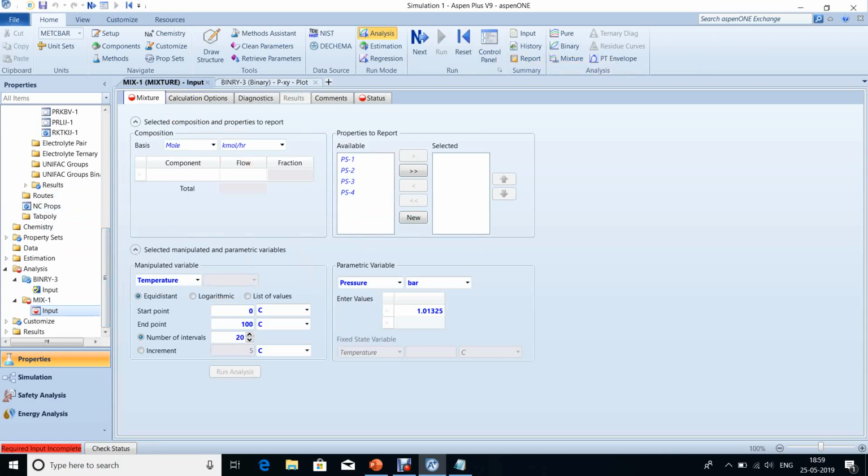I need to actually select the composition. Say 0.5 and water again 0.5. So this is the fraction which I need to mention, right?